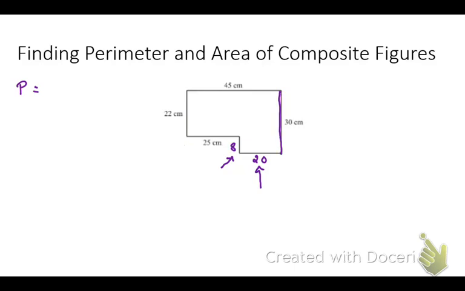All right, so if you think about it this way, all you're doing when you're finding perimeter is just adding all the sides. 30 plus 20 plus 8 plus 25 plus 22 plus 45. All right, so go ahead and find your perimeter.